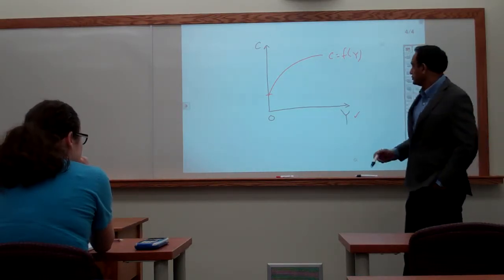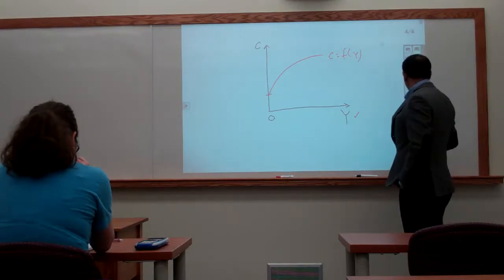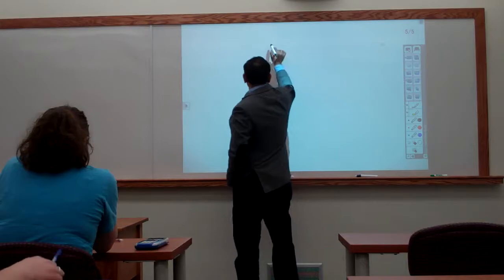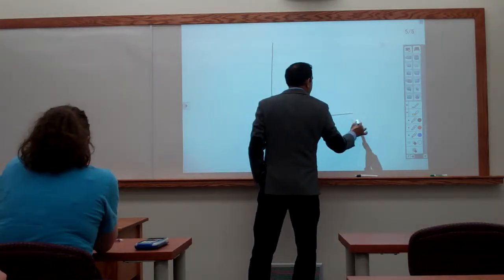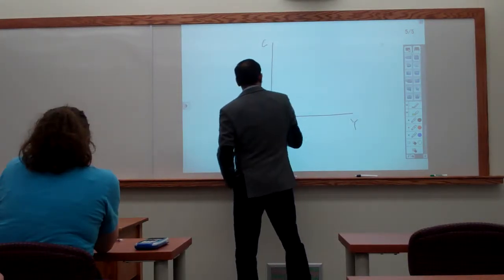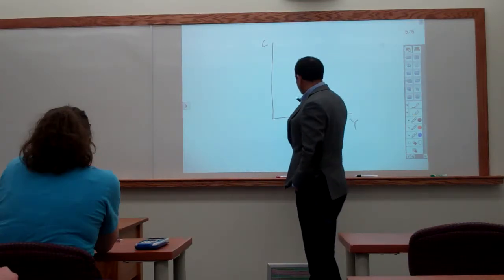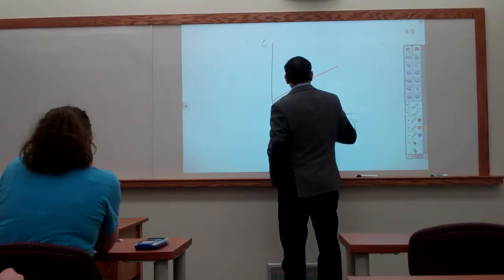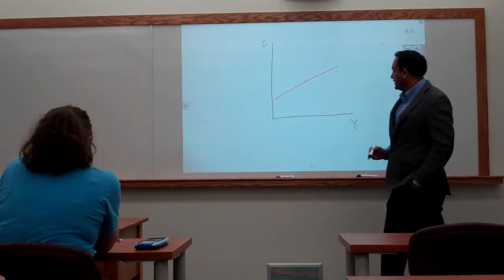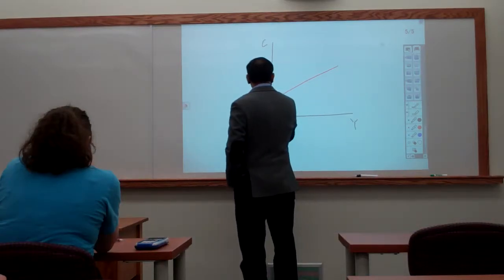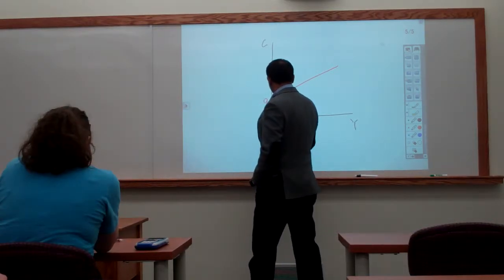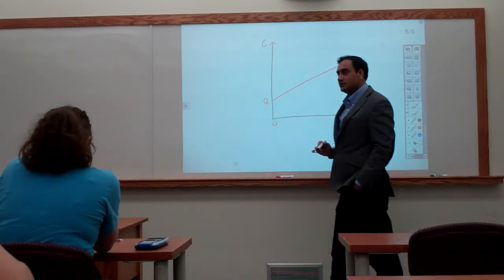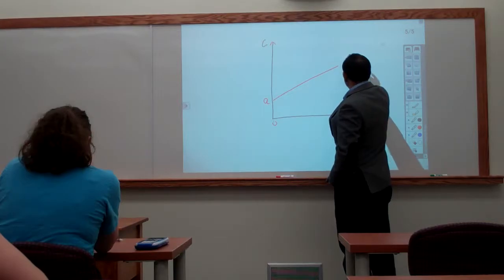Okay. So the relationship that we have between aggregate consumption and aggregate income is, as I said, I'm going to make it a linear function. So the consumption function is a straight line like this, and it starts at some level of positive consumption. Let's say that's your A. And this is your straight line consumption function.